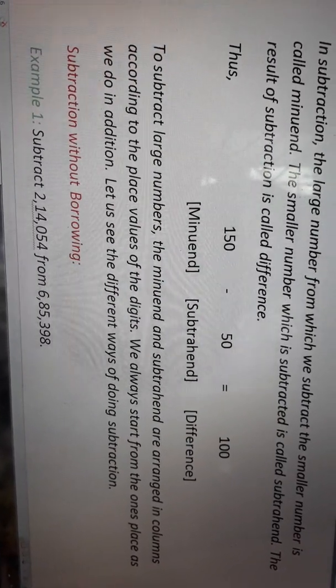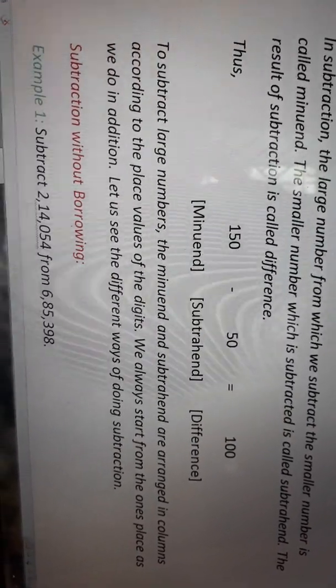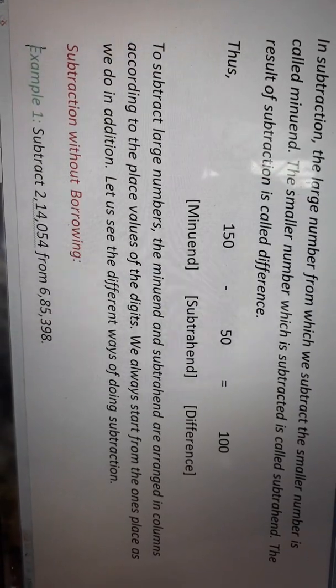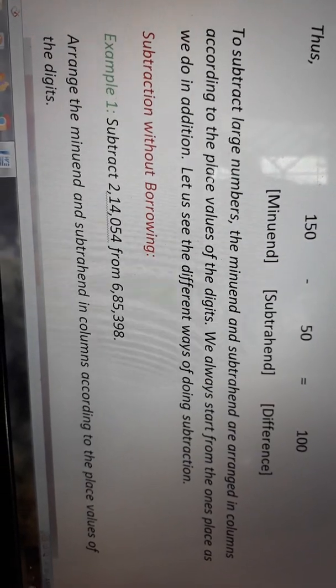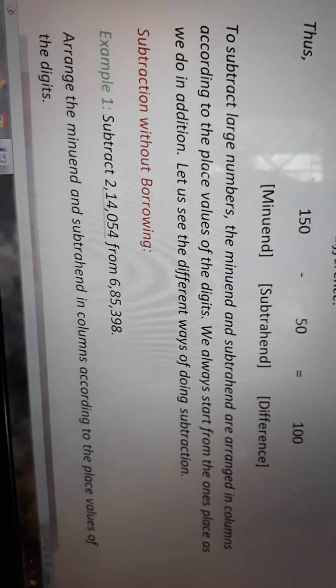Subtract 2,14,054 from 6,85,398. Arrange the minuend and subtrahend in columns according to the place values of the digits.